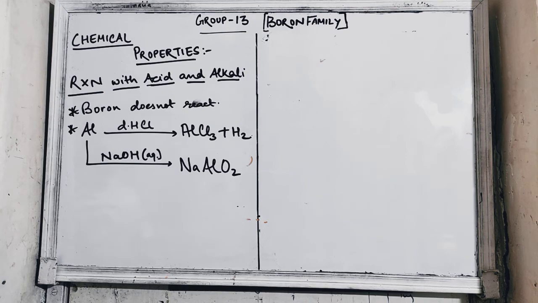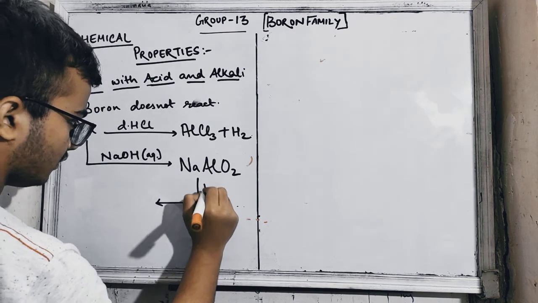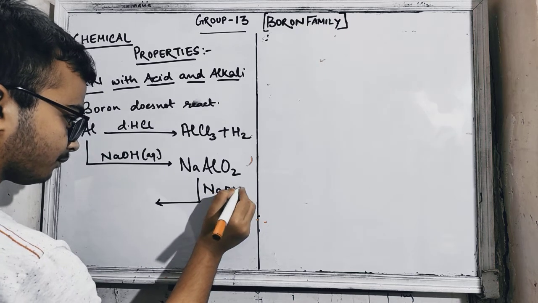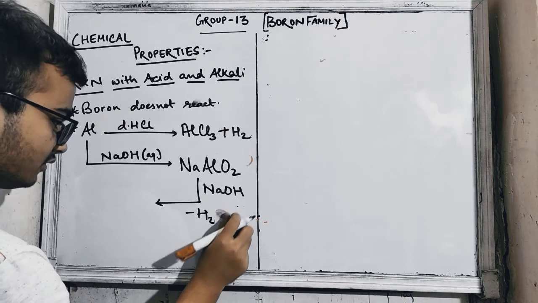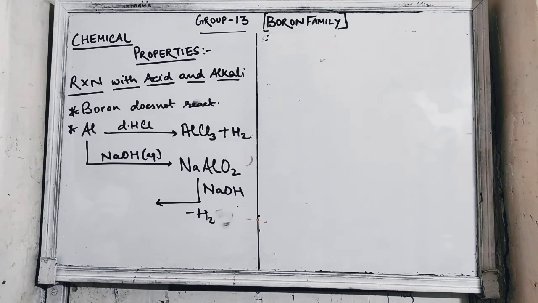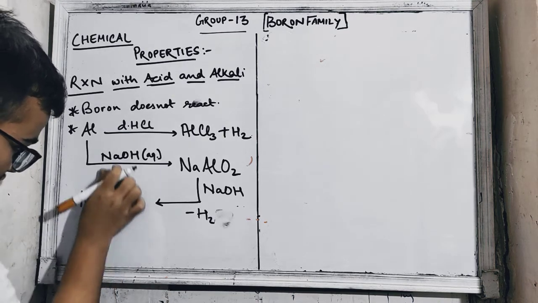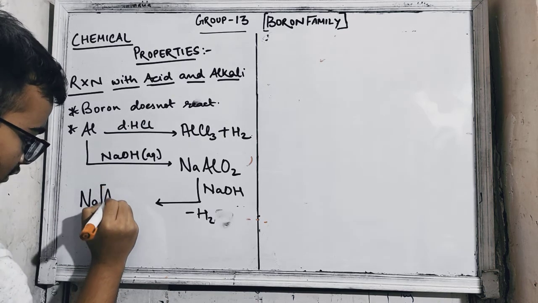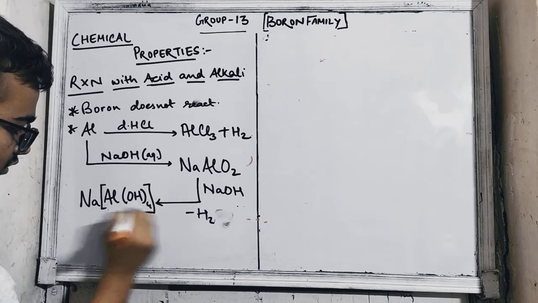Now this NaAlO2 will again react with NaOH, giving out two hydrogen, to form a compound which is sodium tetrahydroxoaluminate. It is like this: Na, it is a complex compound, Al(OH) whole 4, like this.